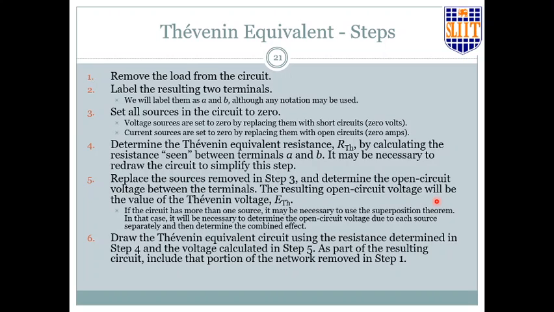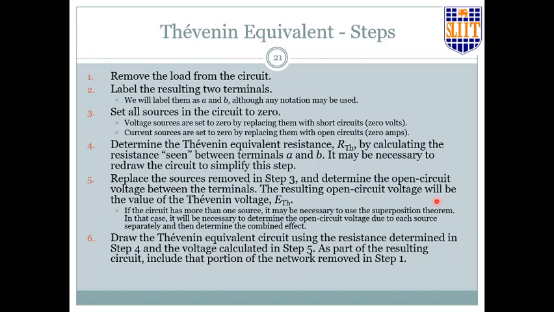Now load is the resistor across or through which we want to find the voltage or the current. The second step is label the resulting terminals. Labeling is not actually mandatory, but to make it easier, you can label them as A and B, or any 2 letters you prefer.